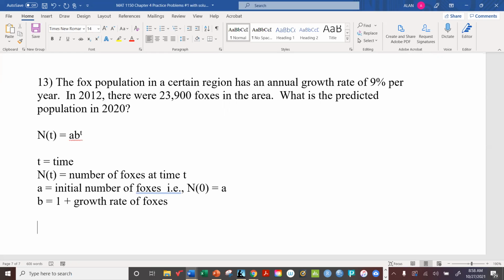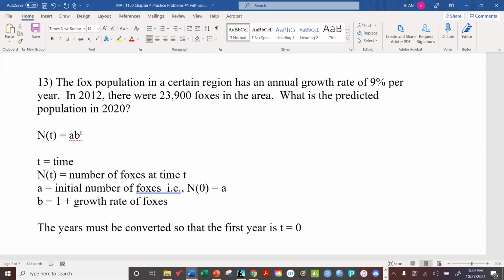Okay, now here they're asking us for the predicted population in 2020. Now this is the challenging part. The years must be converted so that in this case, the first year is t equals 0.